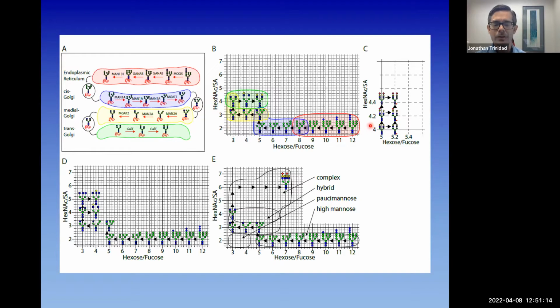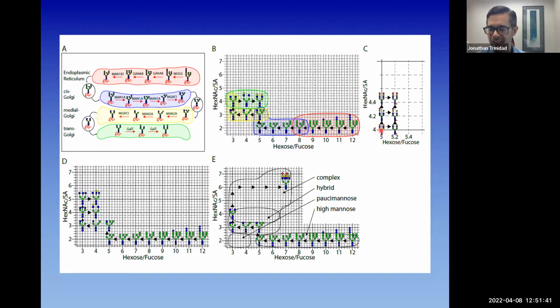And so when you do that, you can plot out this thing I'm plotting out here in figure B, which is basically the same pathway as in figure A. It's just oriented spatially with respect to the subunit composition. And I'm really just focusing on things that don't have sialic acid or fucose here. You can see that here, which is a blow up of essentially one of these unit squares.